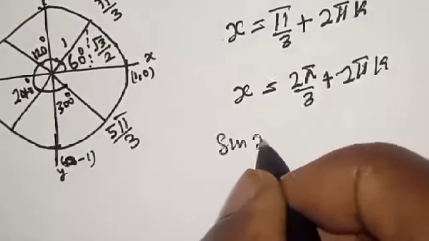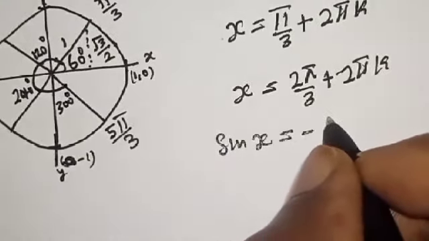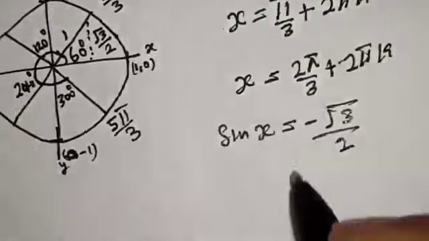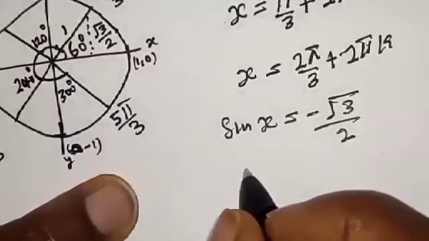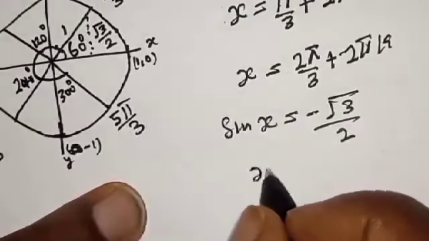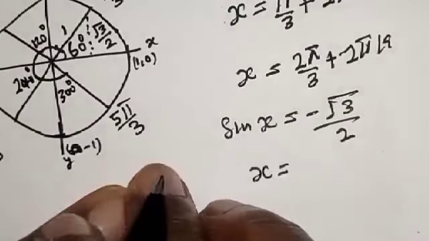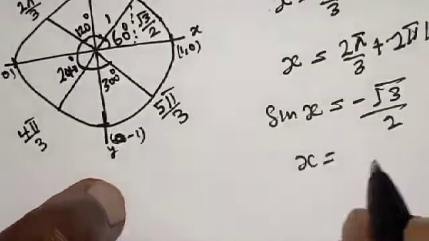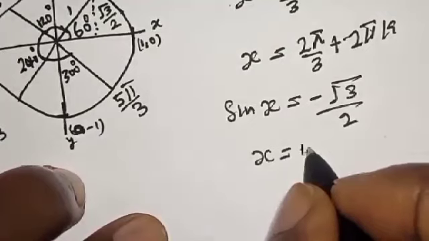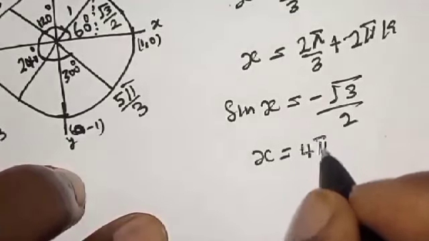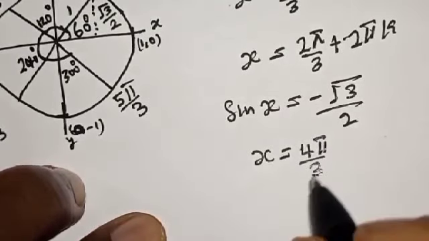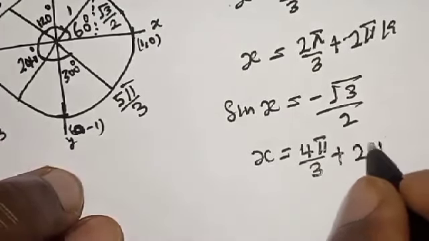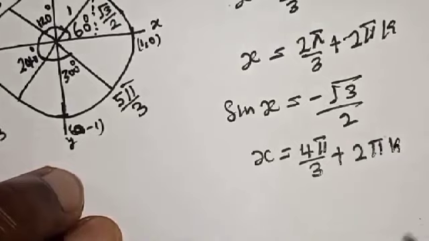So then the radian below the plane, sine x is equal to minus root 3 over 2. Then x is equal to 4 pi over 3. That's below the plane. 4 pi over 3 plus 2 pi constant.